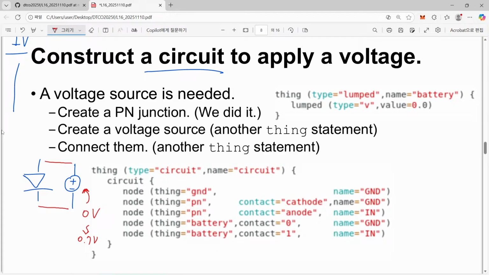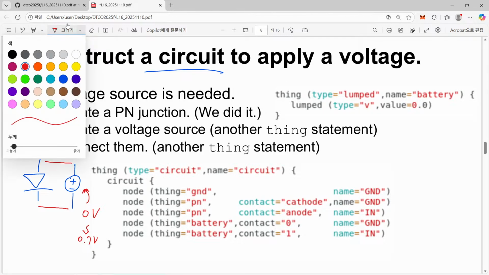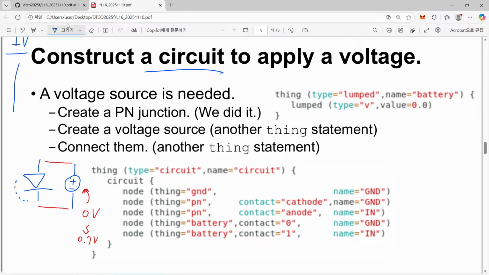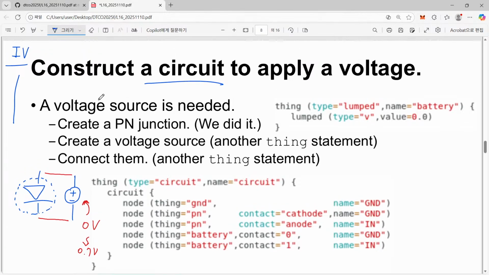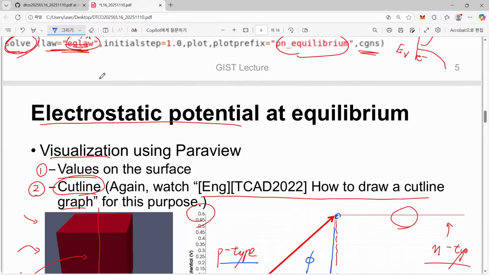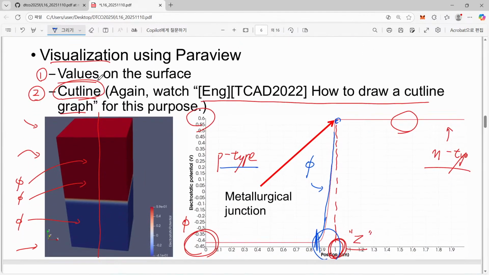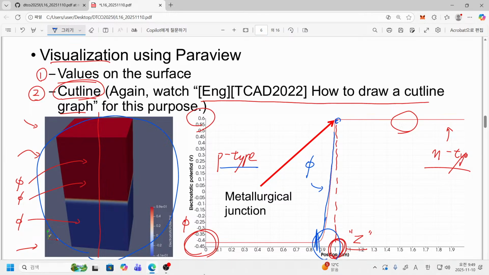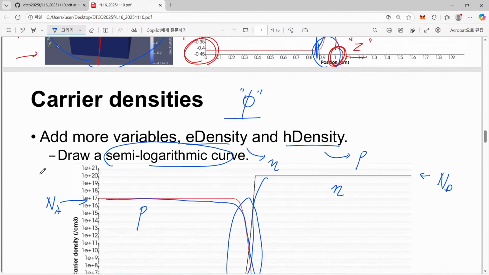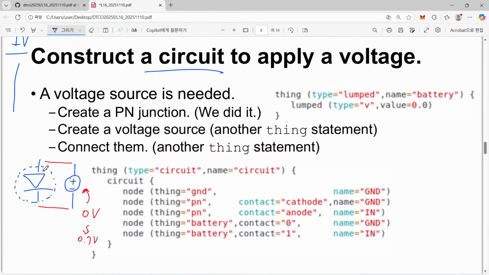So what we have done up to now is simply related with this part, our PN junction shown here, just showing this PN junction. So we must also attach a voltage source to it. That is required for our IV simulation.